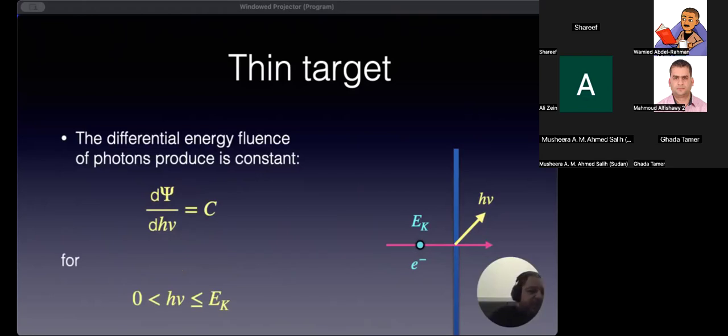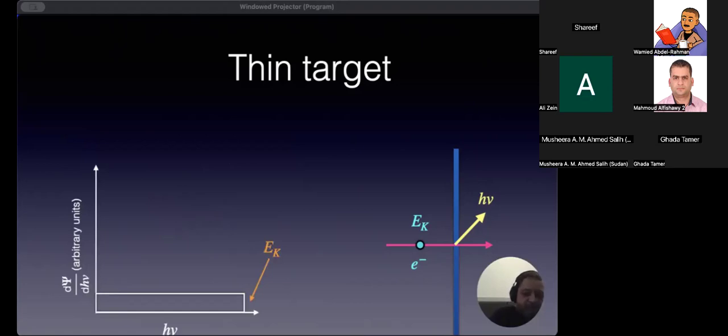Now, for such a thin target, the differential energy fluence, or the energy fluence density, is constant. What does this mean? If we plot the differential energy fluence, remember, what we're talking about is how much energy is carried by a certain photon interval.